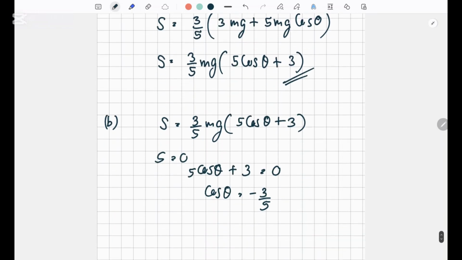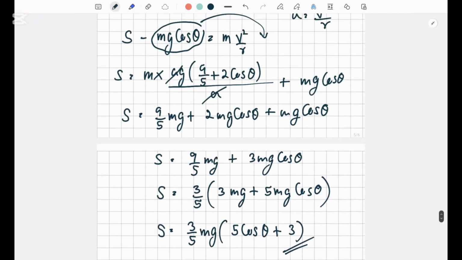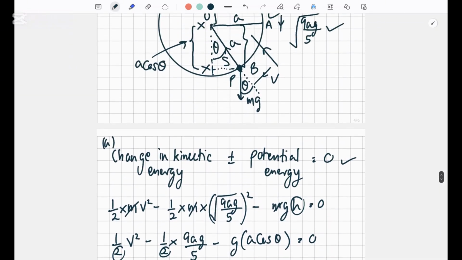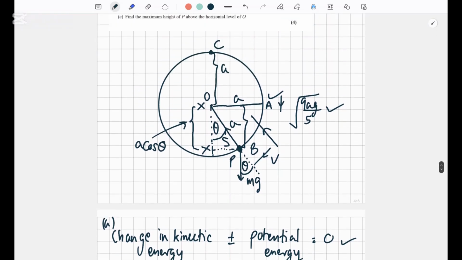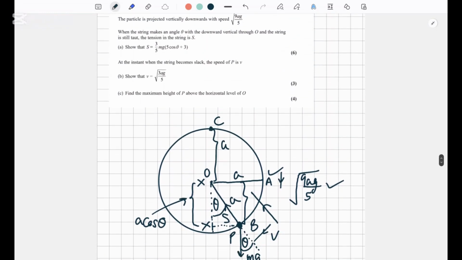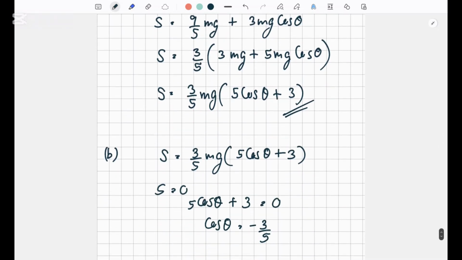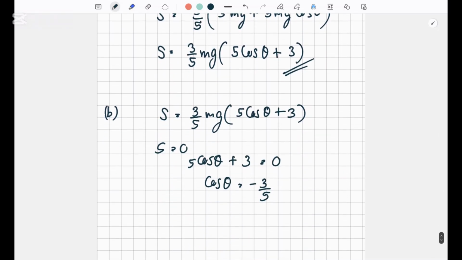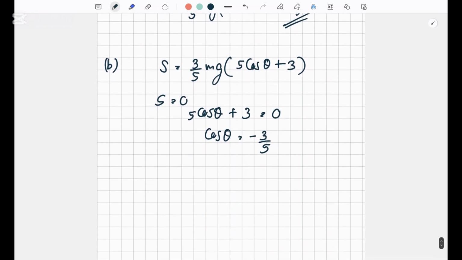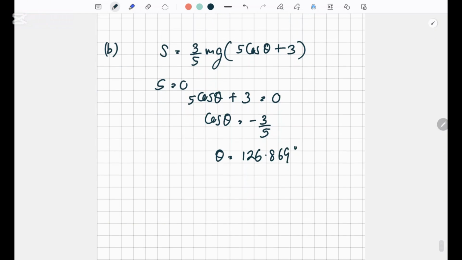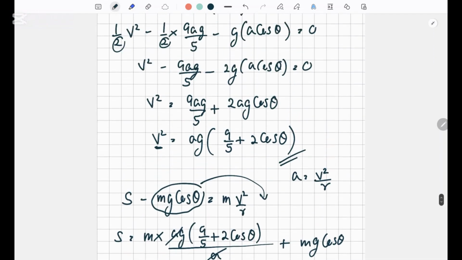And then you can use the conversion. So minus 3 over 5, cos inverse, you get the angle as 126.869.